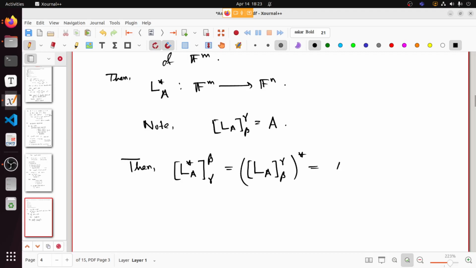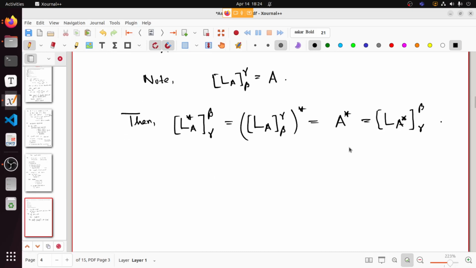This is A, so this is A star. So these two matrices are the same, meaning the linear transformations will be the same. Therefore LA star will be LA star, right? So the first option is correct.